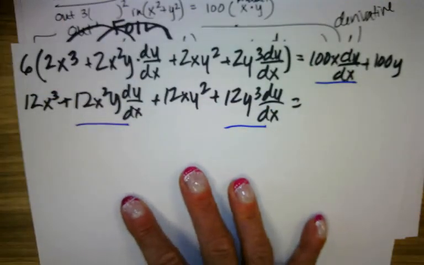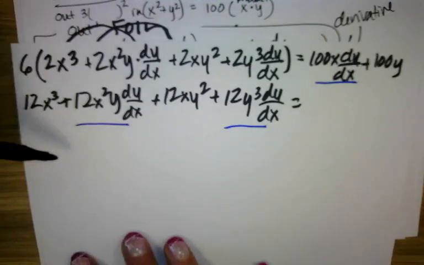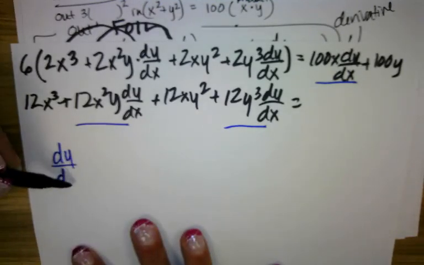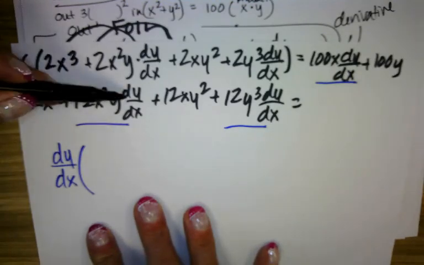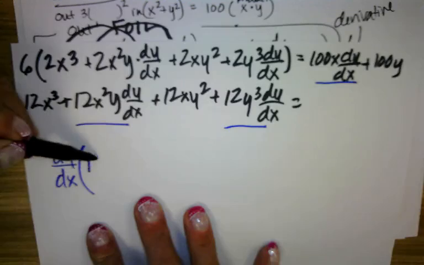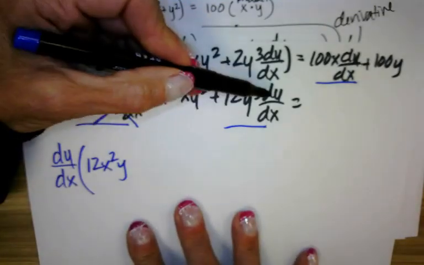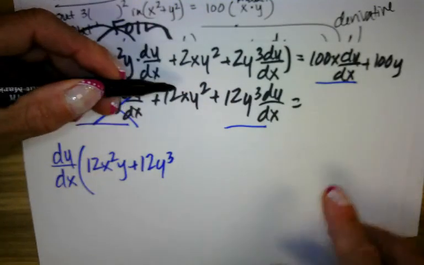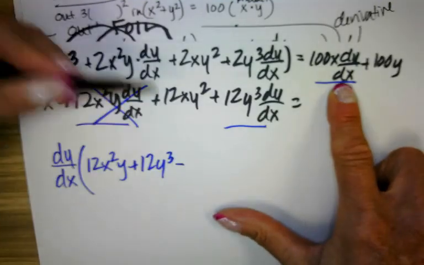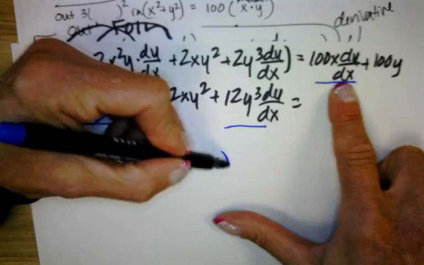So, couldn't I just write dy over dx out in front? Skip a step. And then, if I get rid of the dy over dx here, I'll have 12x squared y. Took care of that term. If I get rid of the dy over dx term here, I'll have plus 12y cubed. When this moves over, it's going to be minus. I get rid of the dy over dx term there, and I have 100x. So in one step, I can do a couple different things. I can factor and get all the dy over dx's on one side.